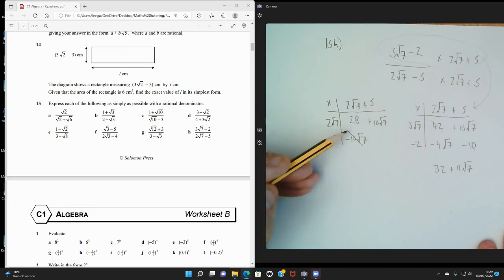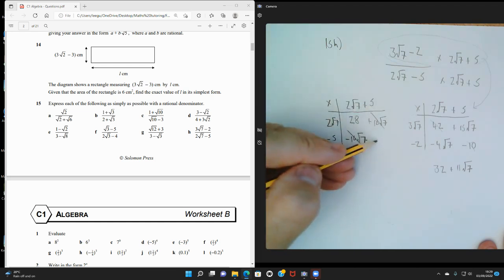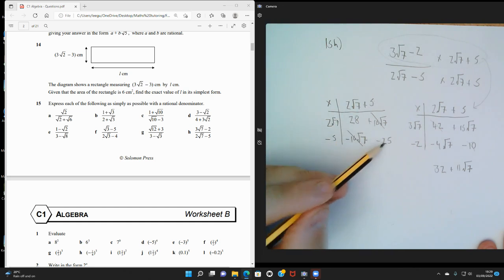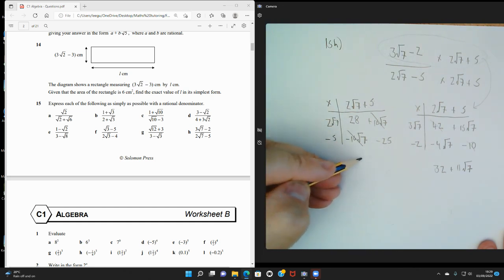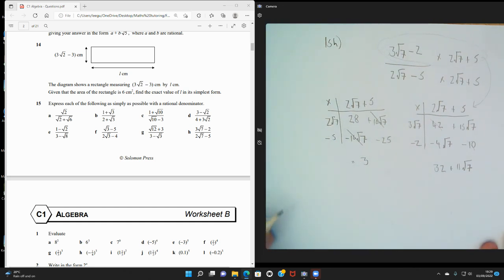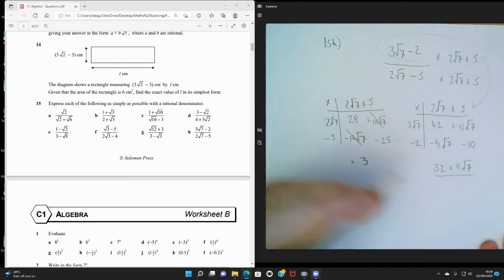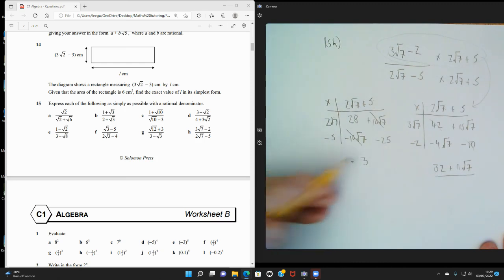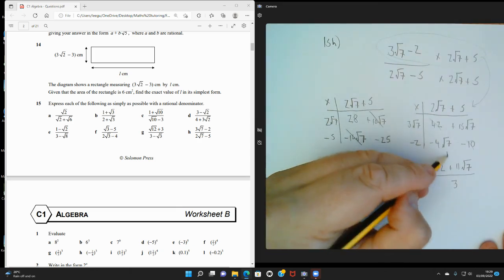And as you can see, they are going to cancel out. Minus 5 times plus 5 is minus 25. And when I collect like terms, 28 take away 25 is positive 3. So that means that my numerator is 32 add 11√7, and my denominator is, in this case, 3. So I've written that in that way there.